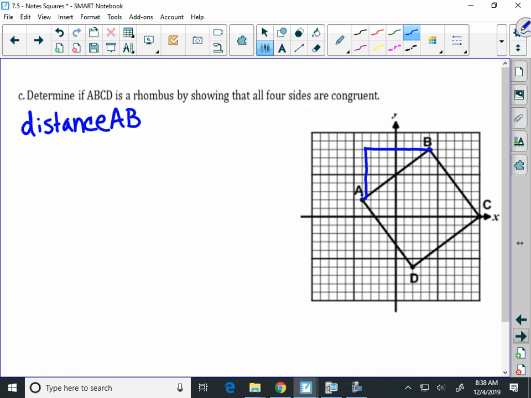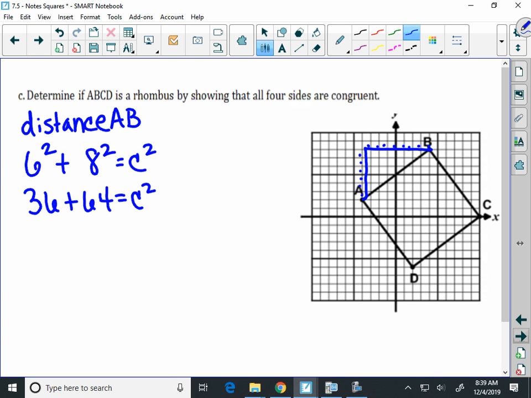So again, we had 1, 2, 3, 4, 5, 6. So it's going to be 6 squared plus 1, 2, 3, 4, 5, 6, 7, 8, plus 8 squared equals C squared. So it should be familiar numbers from our previous part. So we get 36 plus 64 equals C squared.